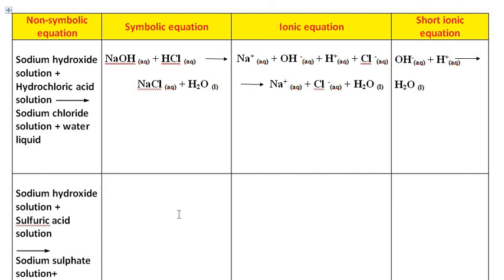From the symbolic equation we can obtain the ionic equation by ionization of aqueous sodium hydroxide and aqueous sulfuric acid, first balancing them, then ionization, plus and minus here, then cancel the spectator ions to get the short equation.